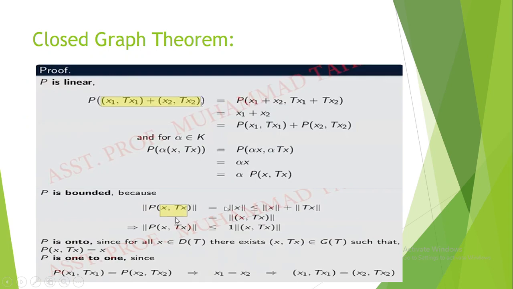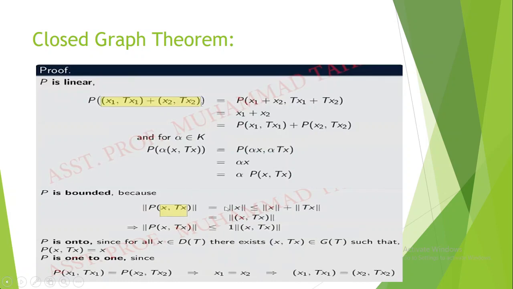So we take the norm on both sides, and we obtain this one, and we add the norm of Tx. So this right hand side will be greater than or equal to this. Now we will write these two, because the norm of this is this one. So here we can write that this linear operator is bounded.